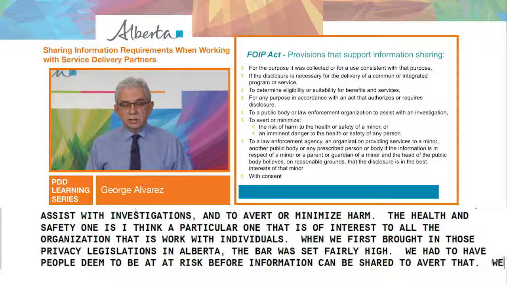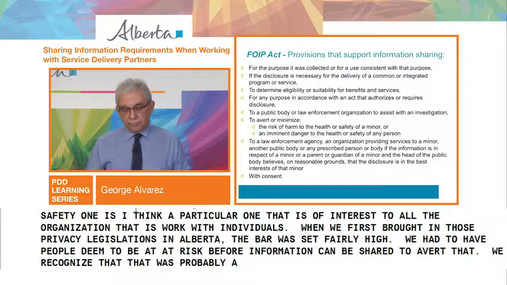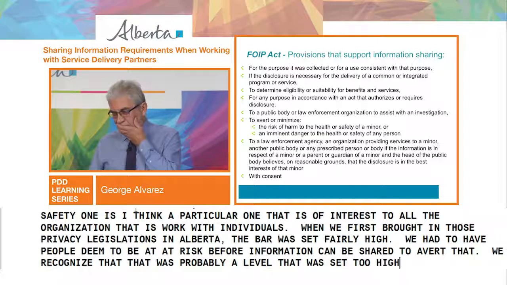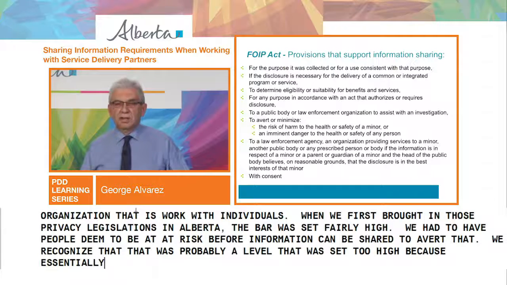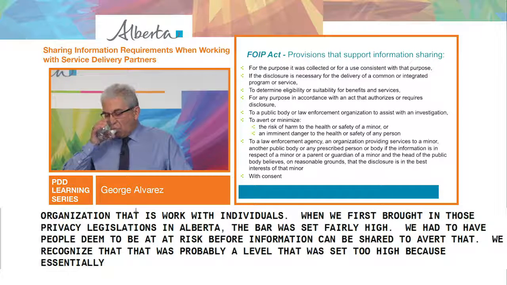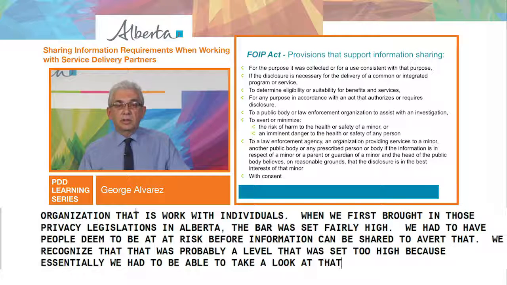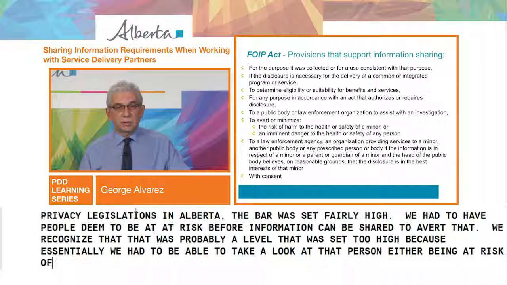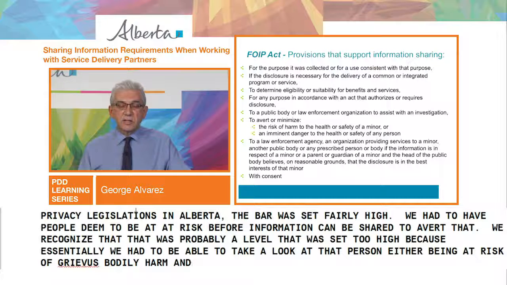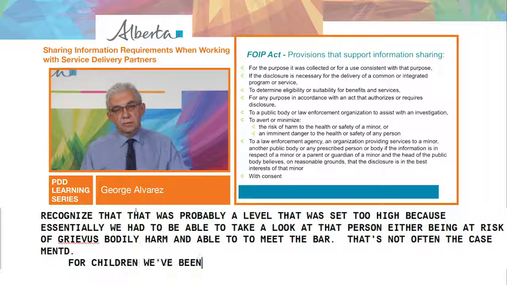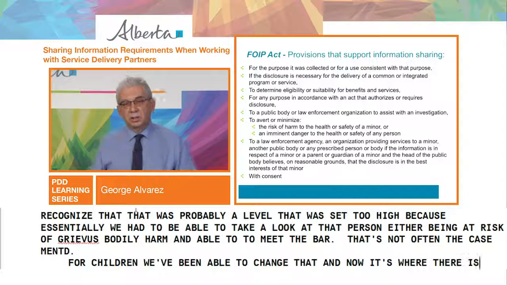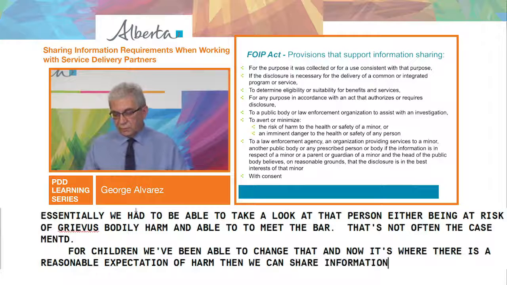We recognized that that was probably a bar that was set too high because essentially we had to be able to take a look at that person either being at risk of grievous bodily harm, and kind of right now, in order to meet that bar. And that's not often the case. So for children, now we've been able to change that, and now it's where there's a reasonable expectation of harm, then we can share information for health and safety reasons.